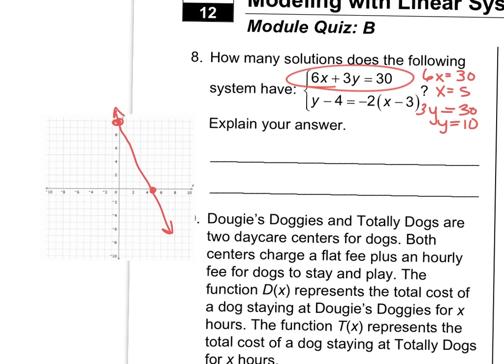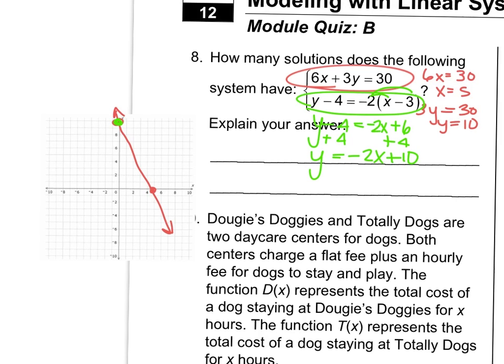All right, and then my second one looks a little strange, so I'm actually going to fix that before I graph it. And to do that, I'm going to multiply. So the y minus 4 is going to stay the same. I'm going to distribute this -2. So -2x plus 6. And then I'm going to move the 4 over, so that's going to be y equals -2x plus 10.